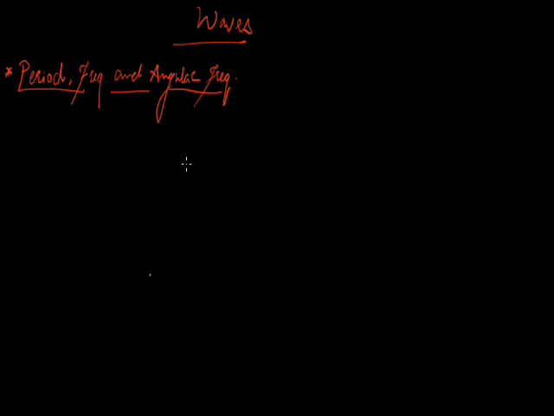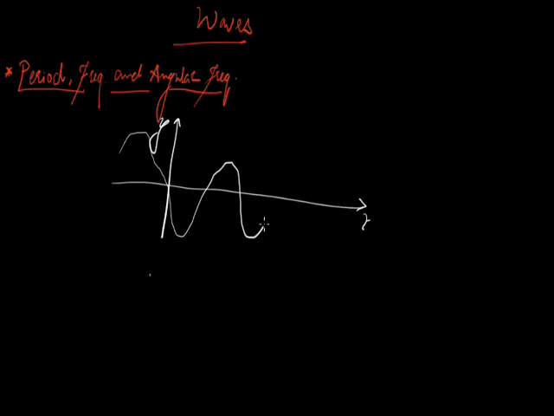So first of all, draw a figure with a sinusoidal wave. On the x-axis we have the time component t, and on the y-axis we have the displacement component. Now if there is a sinusoidal wave like that, consider a particle at this position at time t1.